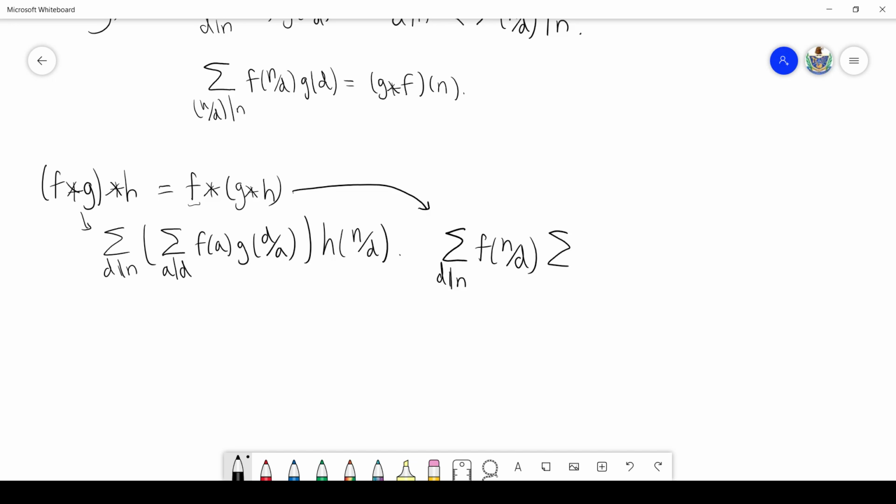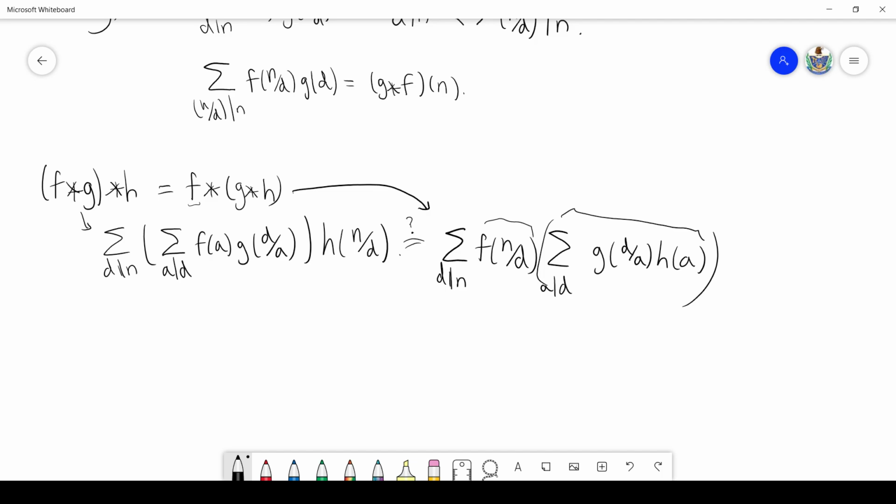And then here I'm going to have the sum over the divisors of d of g of d over a times h of a. So again, this is convolution of g with h, and then this is f. So we want to show that these two things are equal to each other.